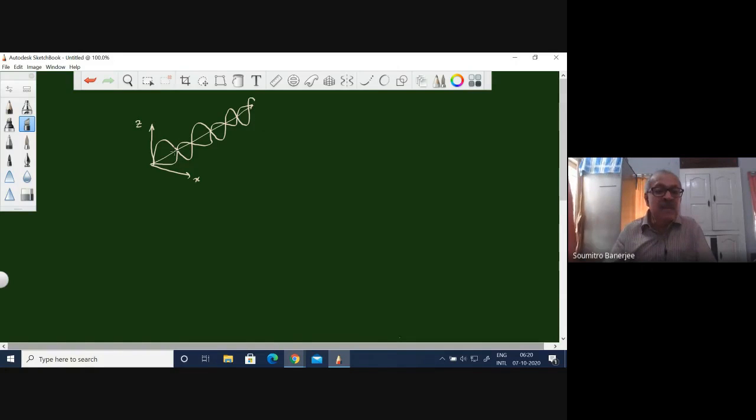So this is the orientation of the electric field, E, and this is the orientation of the magnetic field. And then with that kind of a picture, we have been able to explain most of the features of light, including interference, diffraction, whatnot.